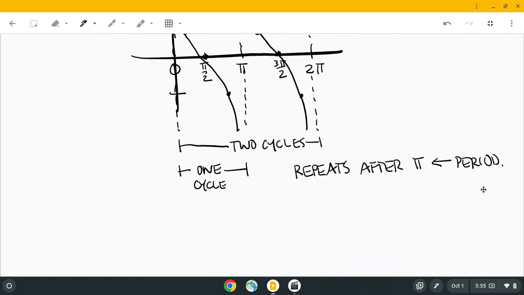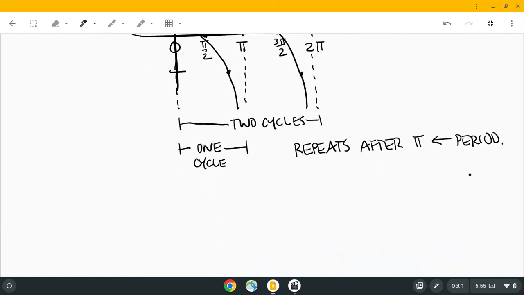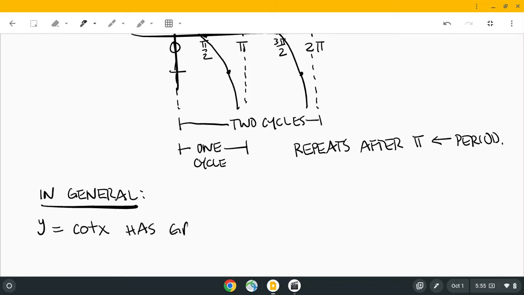Let's write down our general things about the cotangent. In general, y equals cotangent x has a graph that looks like this for one cycle: vertical asymptotes on the ends, 0 halfway in between, +1, -1.